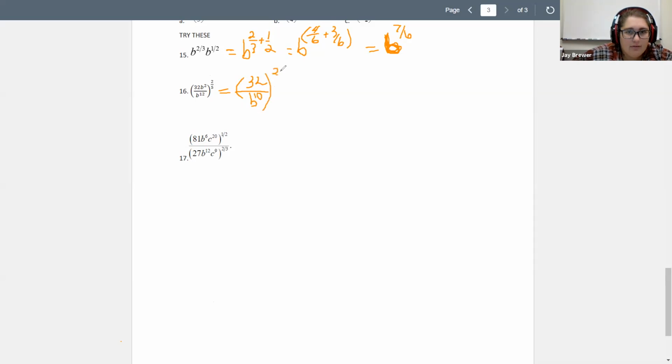And we're going to raise everything to 2/5. Now, we're going to bring that 2/5 in. So, we're going to have the 5th root of 32, that whole thing squared. Now, to do the bottom, you multiply them. So it's going to be b to the 10th times 2/5.